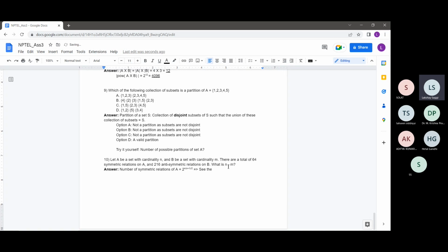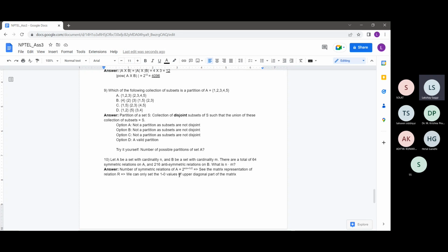Let's see the matrix representation of relation R. In that setting, we can only set the values of the upper diagonal part of the matrix. We can only set the 1, 0 values for the upper diagonal part, since the matrix for a symmetric relation should be a symmetric matrix, so its transpose should be equal to itself.